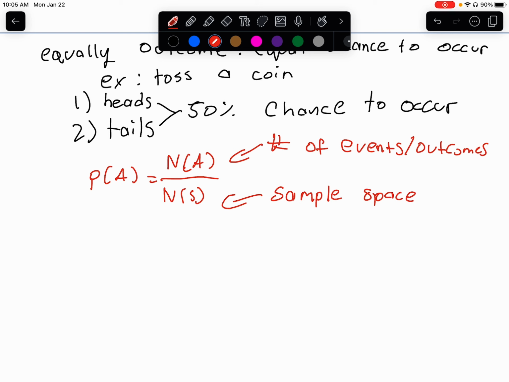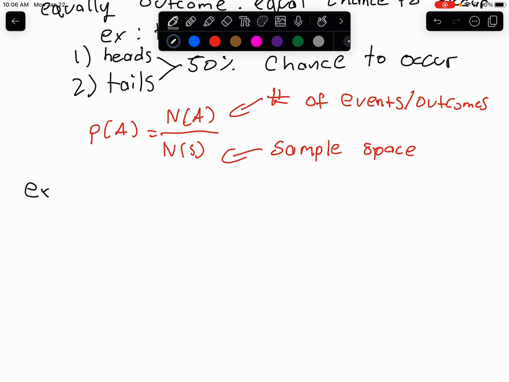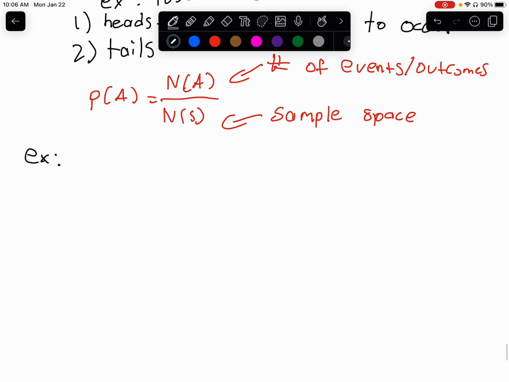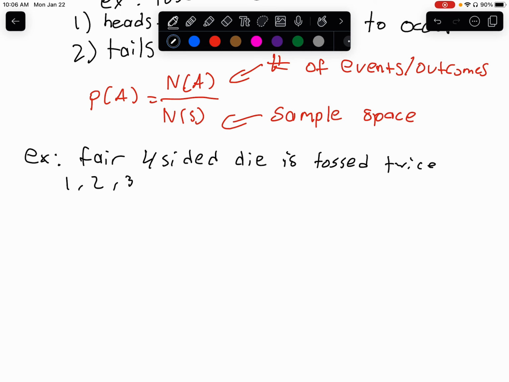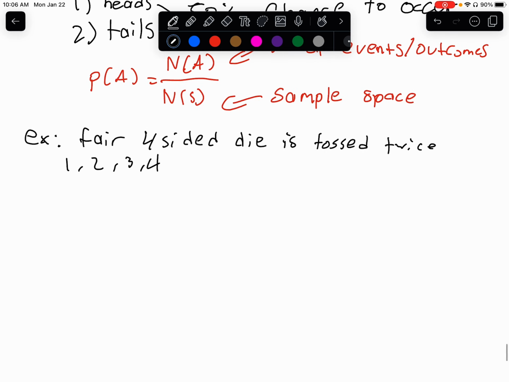All right, we have another example that we can write up. A fair four-sided die is tossed twice. The number on each side is 1, 2, 3, or 4. So our sample space equals 1, 2, 3, 4. But we can break this down into what can actually occur. Remember, we're tossing this twice.